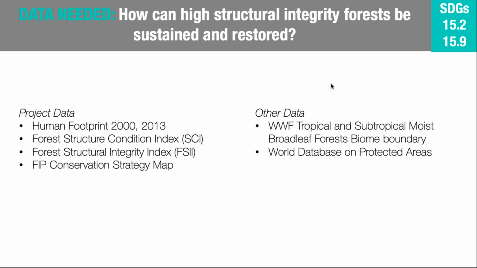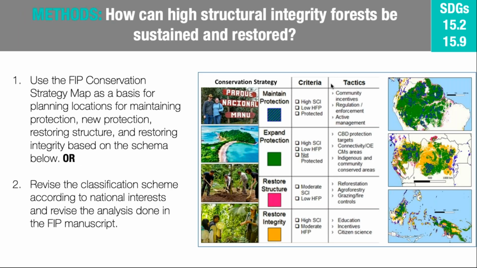And then additionally, we're using biome boundaries and the World Database on Protected Areas. And if we go to the next slide, we've outlined in a manuscript that's in review right now this basic strategy that's indicated in this table.